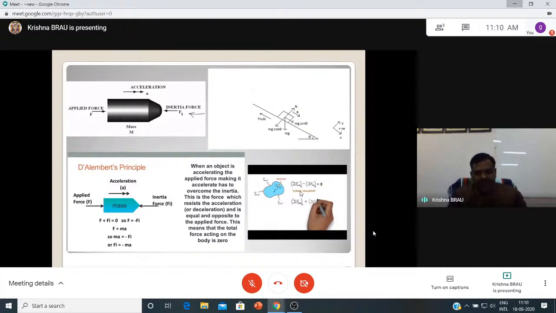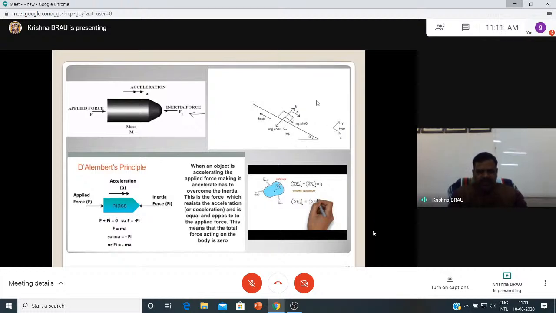Similarly here, F means the summation of forces, and this inertia force you can also sum up with a plus or minus. This is the force system where four forces are acting. We can represent the resultant force as equal to mass into acceleration.